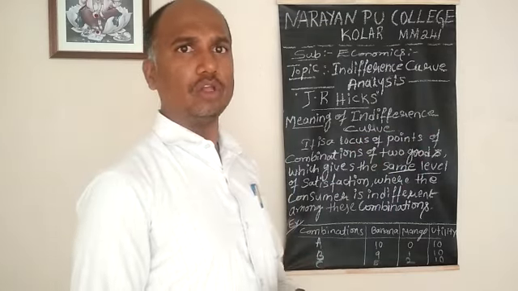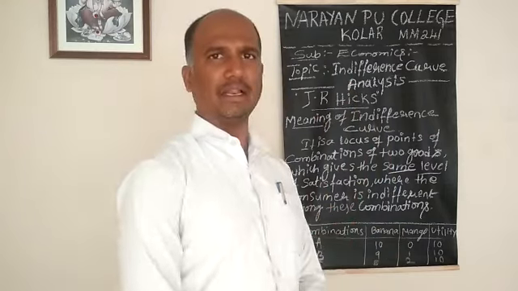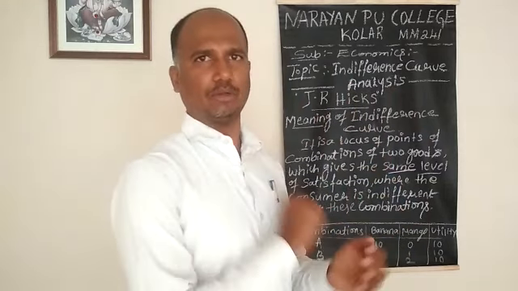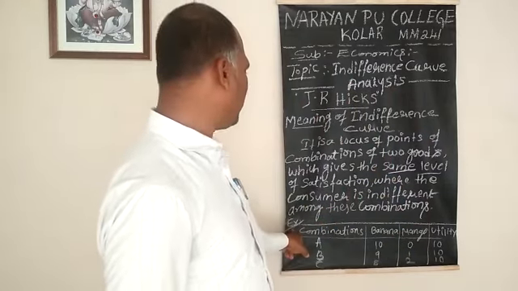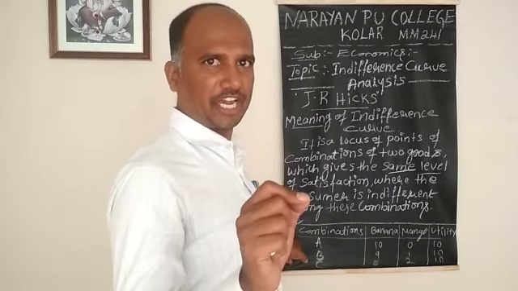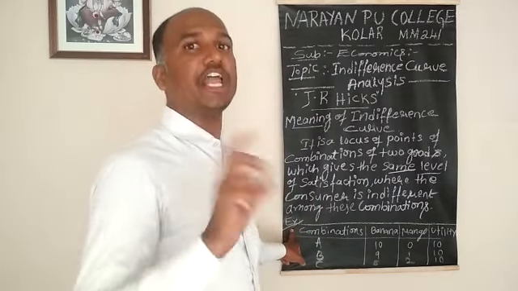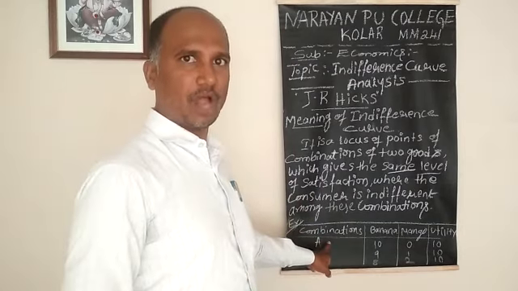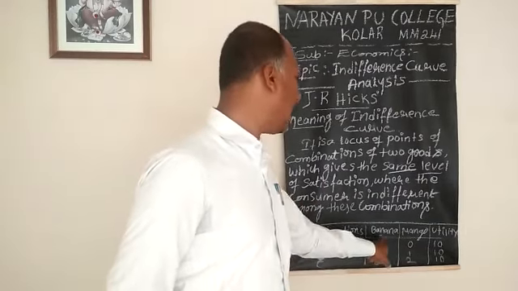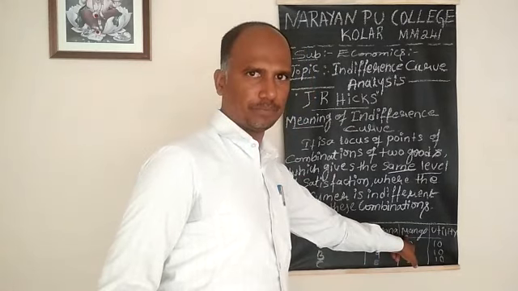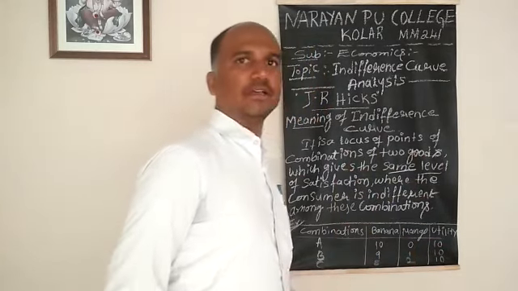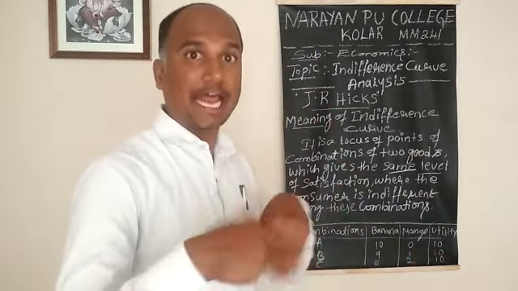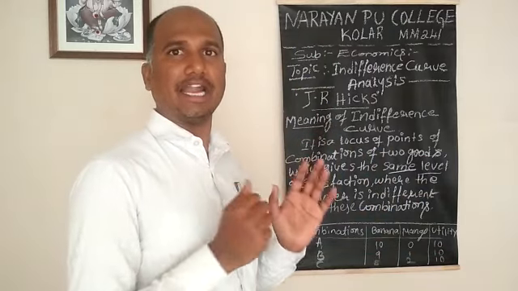Let's understand the meaning with a simple table or schedule. Here, an example, an illustration. Combinations means a set of two goods, banana and mango, and the units of utility obtained by the consumption of banana and mango.